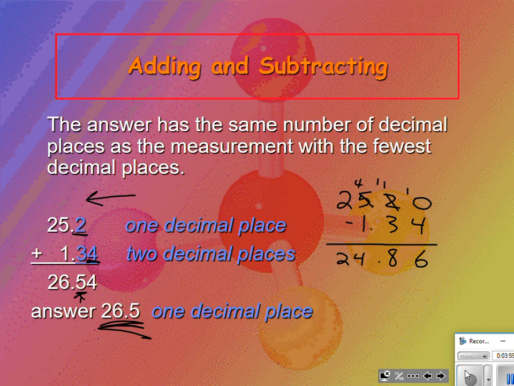I just added that 0 in there, so I pretend like that 0's not even there. So my values are still at the same places as they were over here, right? But I have to round this now to that number, so my correct answer is going to be 24.9 for that one, because that 6 would round that value up.